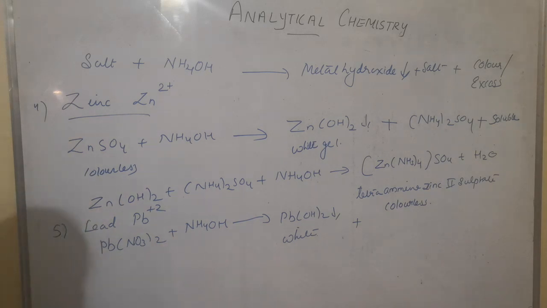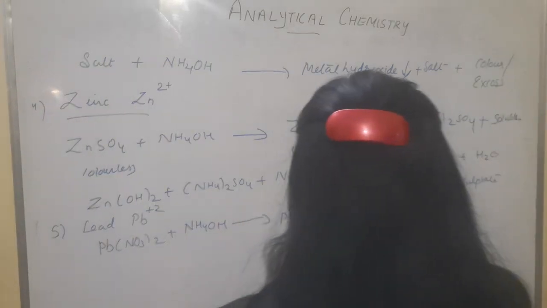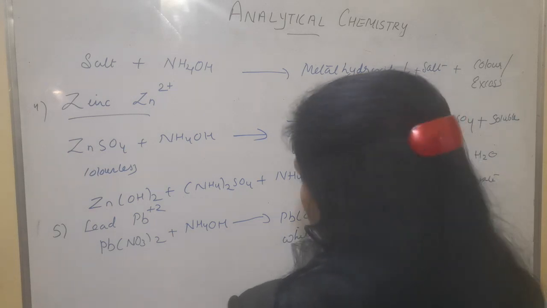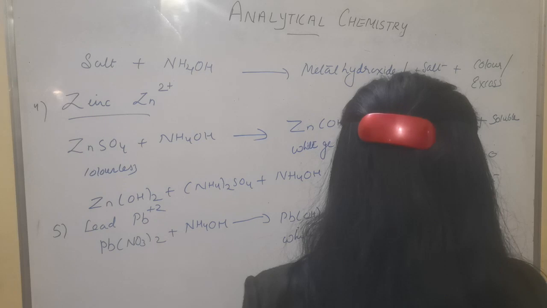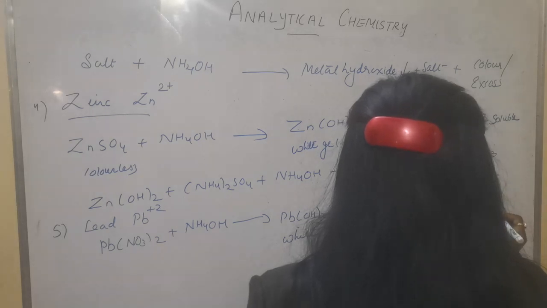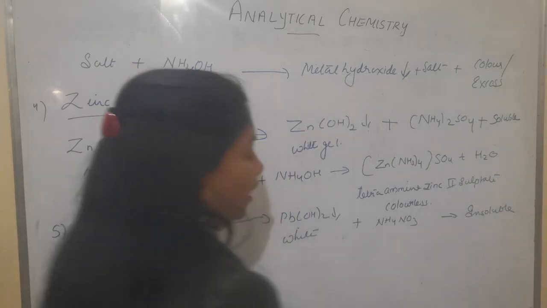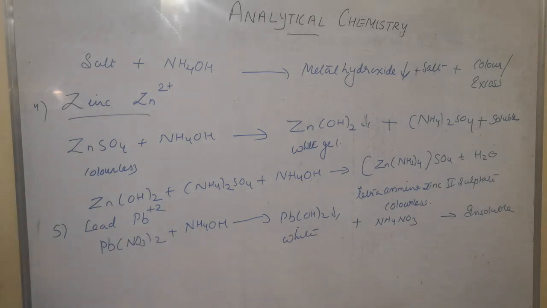Ammonium nitrate, NH4NO3, and the precipitate is insoluble with excess of NH4OH.